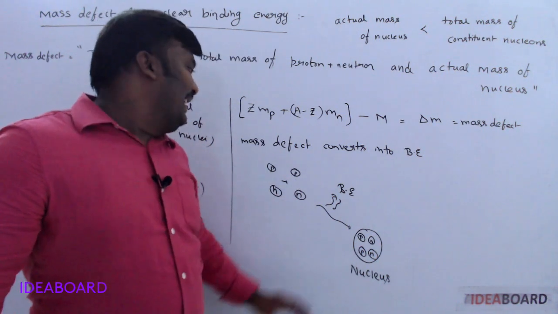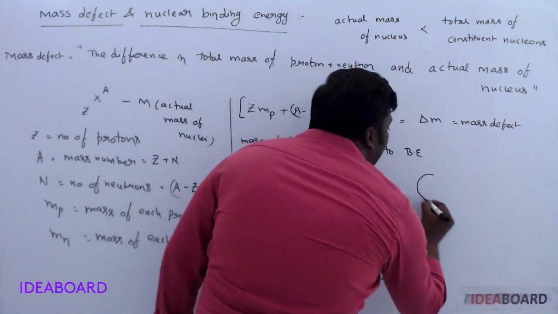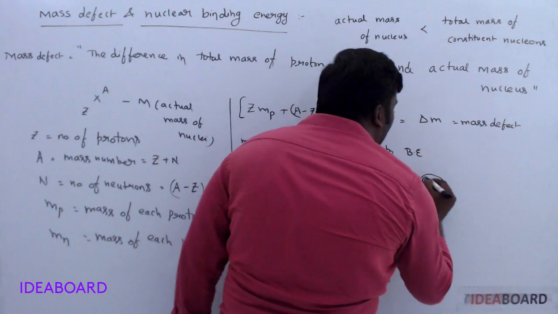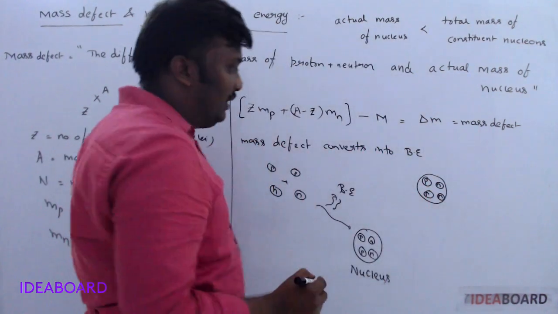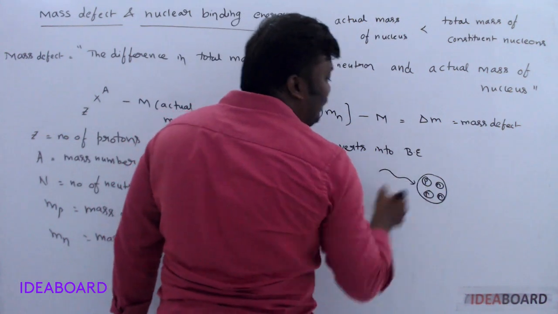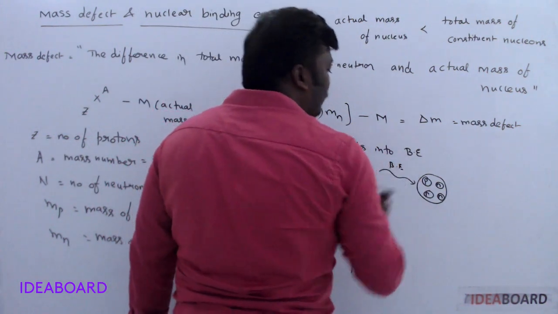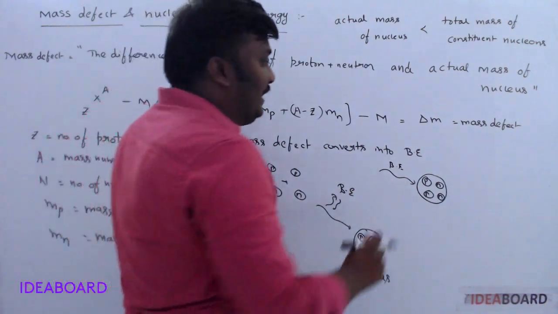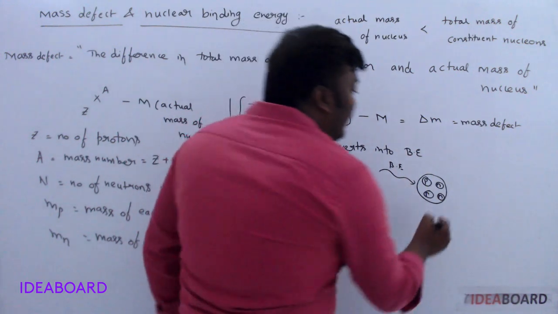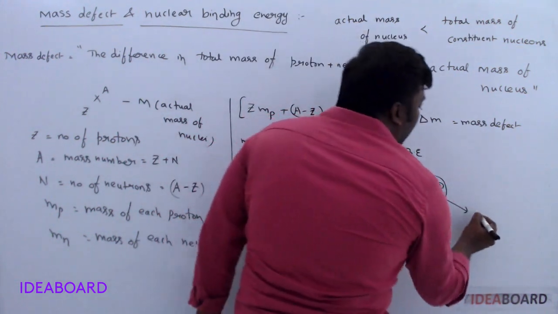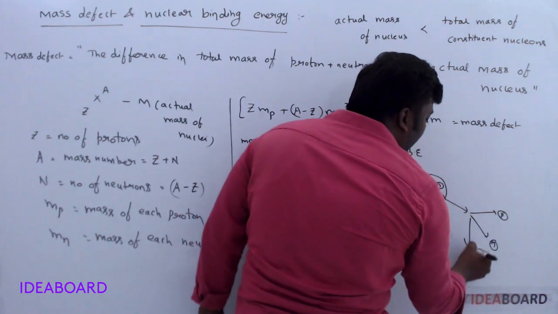We can give another definition also. Let us see. I am considering one nucleus consisting of some protons and neutrons. Now, I give certain energy to this nucleus. If this energy is sufficient to split this nucleus, then immediately we have individual protons and neutrons.